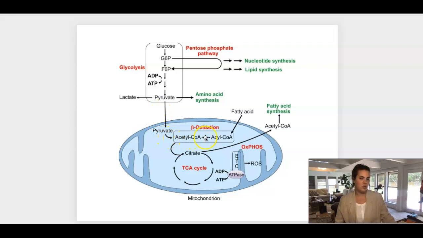Eventually pyruvate is going to be converted into acetyl-CoA, and that can go into the Krebs cycle. Okay. Acetyl-CoA can also go into helping to build fatty acids, and fatty acids can also be broken down into acetyl-CoA, which again can be put into the Krebs cycle.